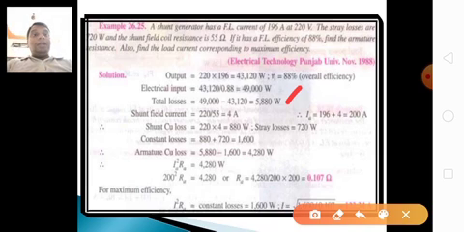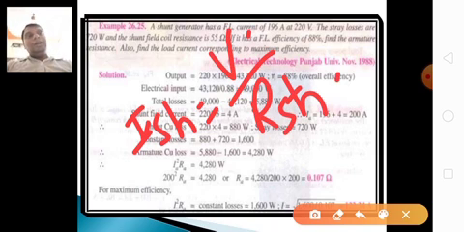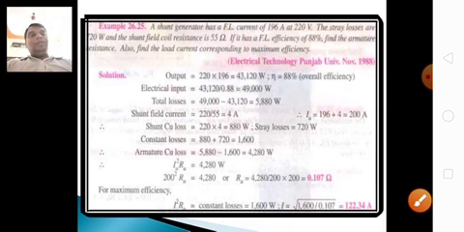Shunt field current ISH is equal to V by RSH. V is given, RSH is given, so the shunt field current is 4 amps.